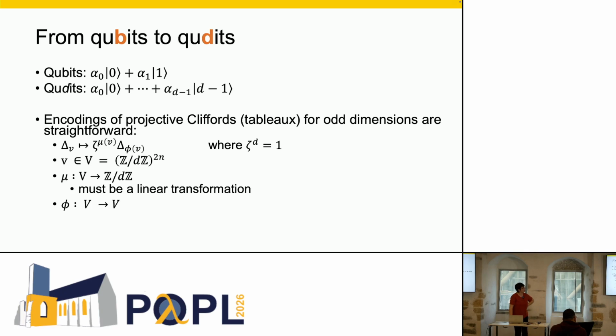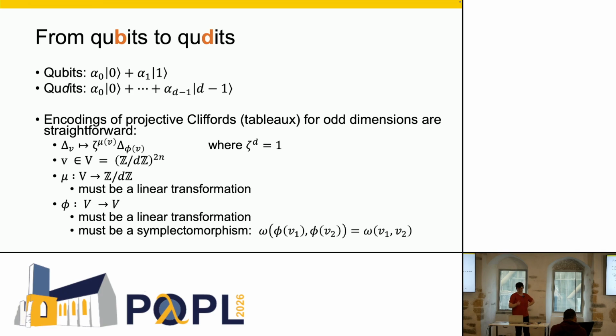Well, mu is going to be a linear transformation, phi is going to be a linear transformation, and in addition, phi must be a symplectomorphism. What that means is that phi respects this symplectic form, which is this function omega that we saw before. So in other words, the projective Clifford has to respect the commutativity relations of the Paulis that it maps. That's the connection there.